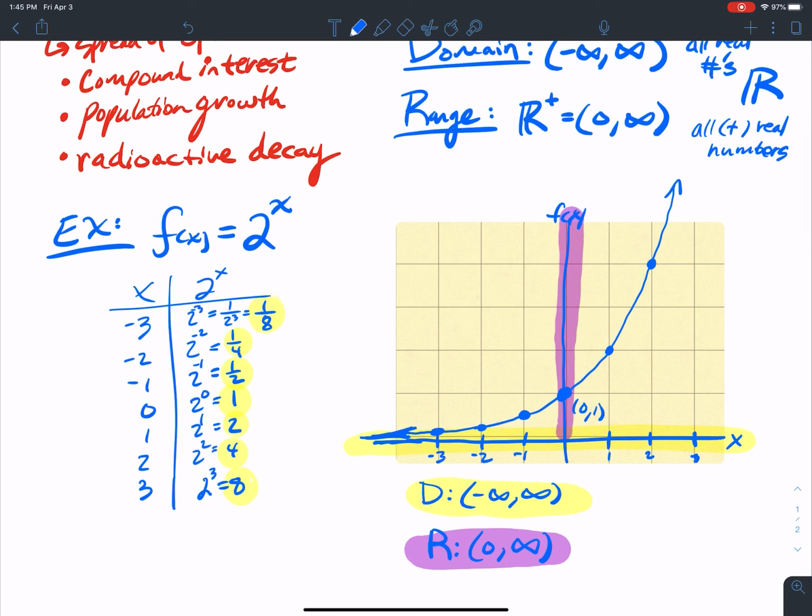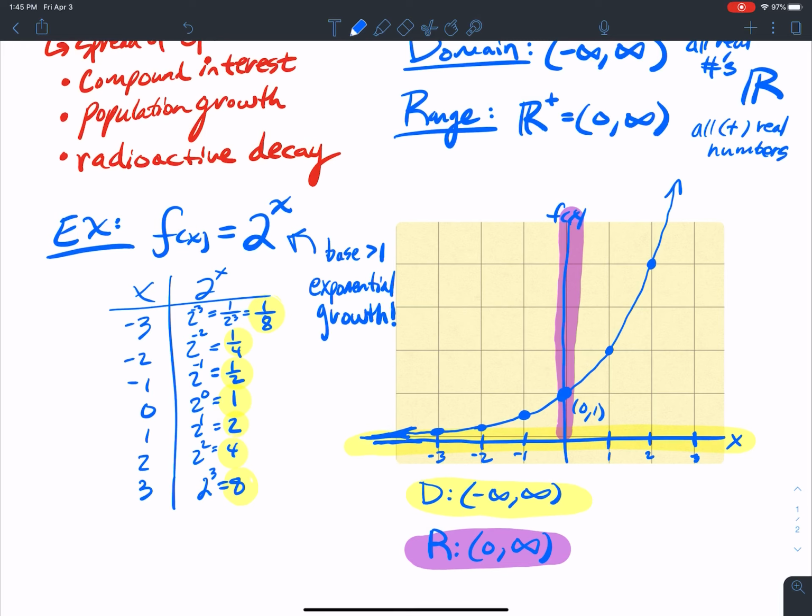Okay? We call this when the base is greater than 1. Okay, this is an increasing function. It's increasing. That's exponential growth.